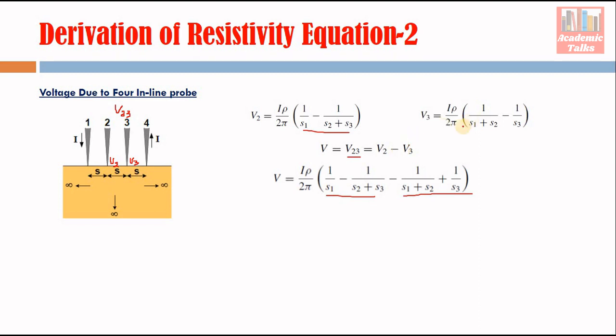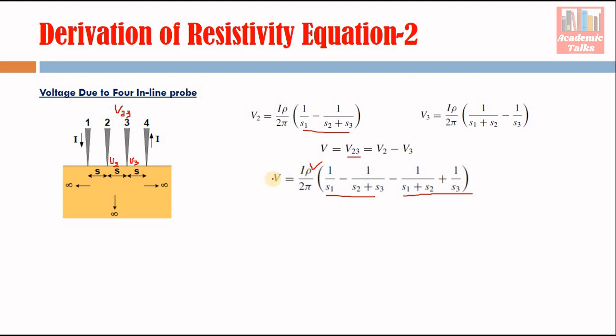But because of this minus sign, the first part is becoming negative and the second becoming positive. Its sign is changing because of this negative sign here, right? So now you can see in this equation we have the voltage which we are measuring here, we have the current which is being supplied from the outer probes, and these parameters are constant for a given setup. So rho we can find out very easily.